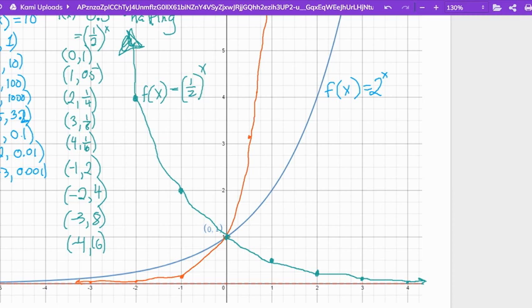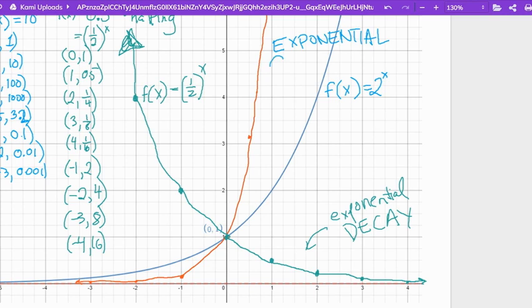We're seeing that 1/2 to the power of x is just a reflection of 2 to the power of x. Isn't that interesting? So the green one is showing exponential decay. Let's write that down. And the blue one and the orange one, they are showing exponential growth.